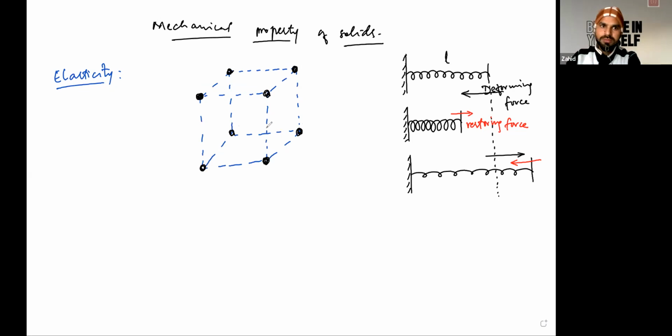And we assume that the bond between each particle is a spring-like structure.